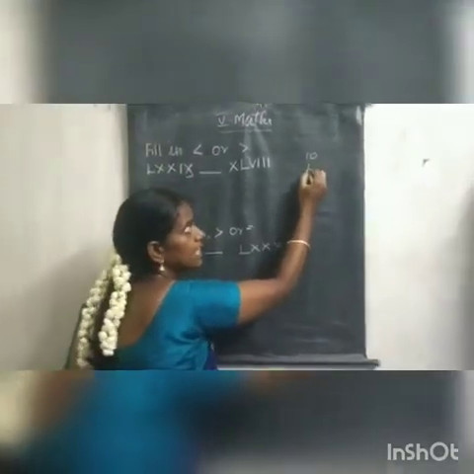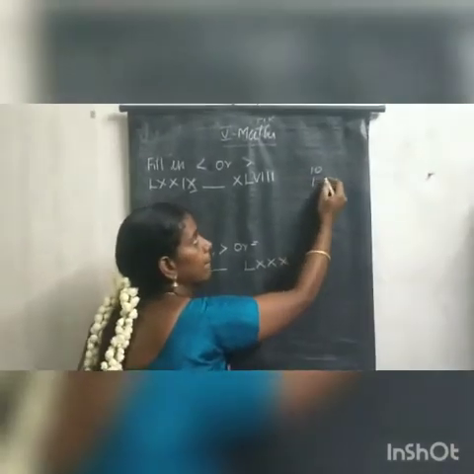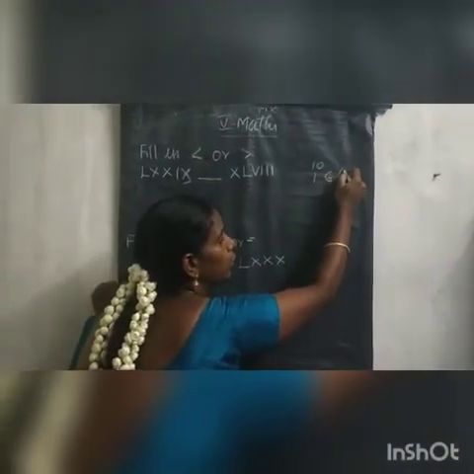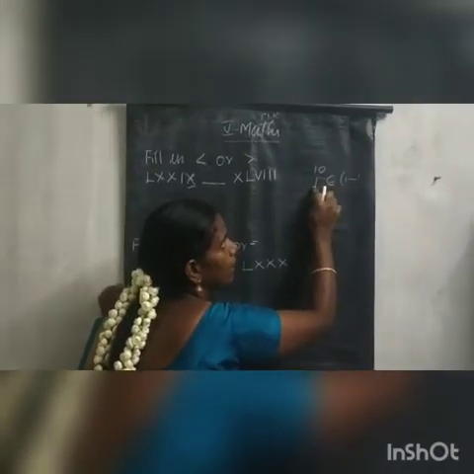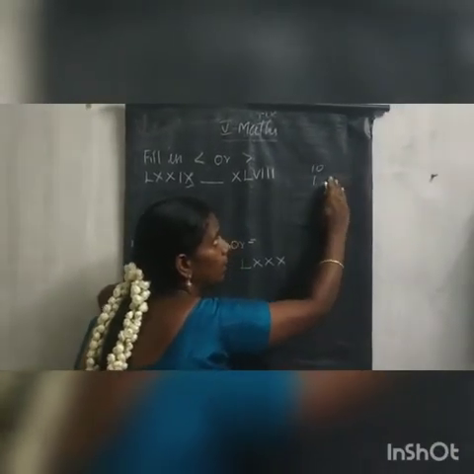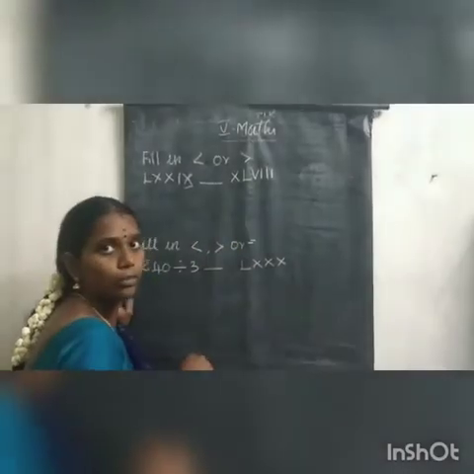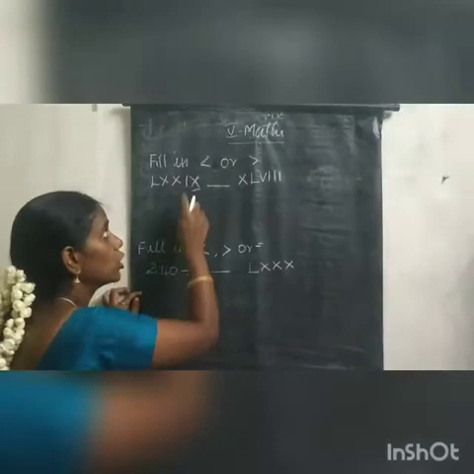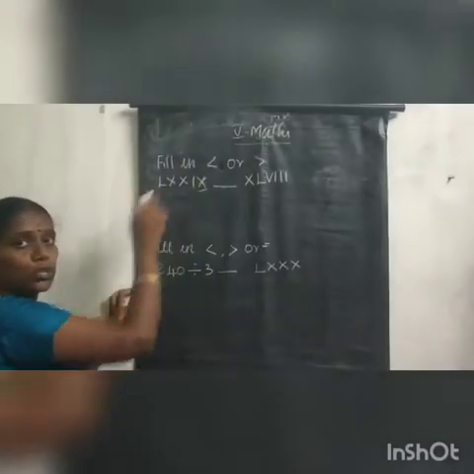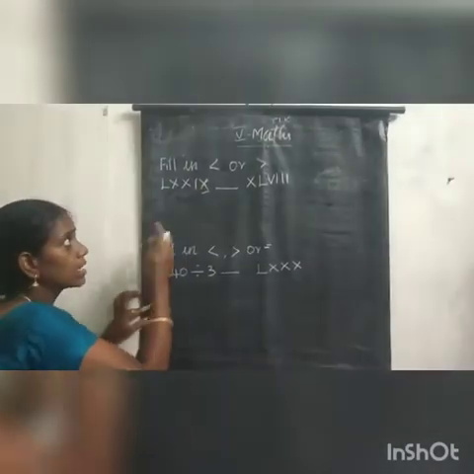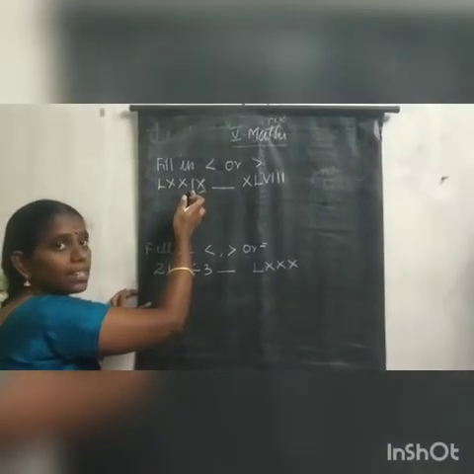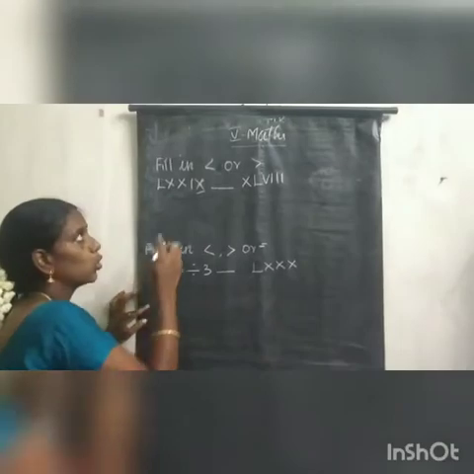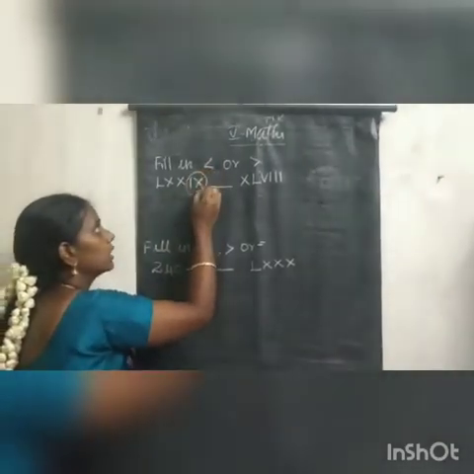That means this will belong to 1 to 9. That means this is a 1-digit number. So what do we want to do? We want to circle. Not only this, because we are having a single digit before the last one, we should circle both the things.